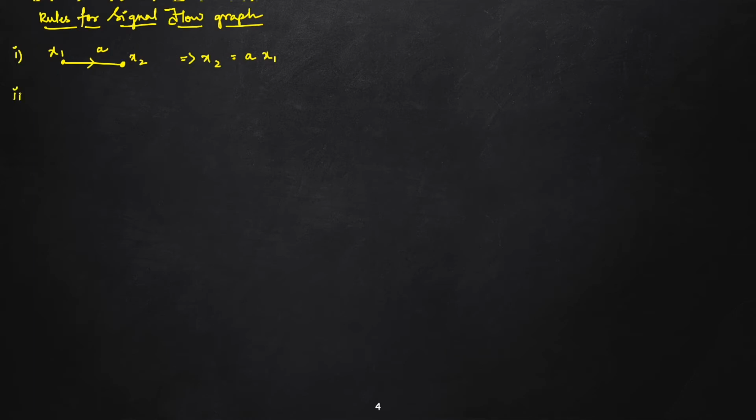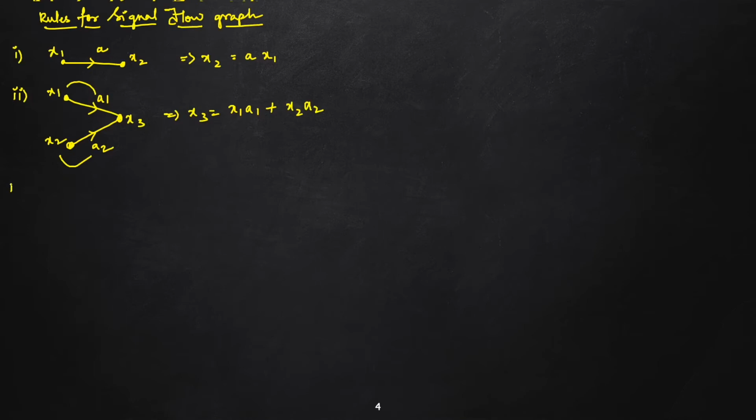Similarly, if we have something like this, x1 and x2, with gains a1 and a2, and let this be node x3. Here, x3 would be equal to x1 into a1 plus x2 into a2.